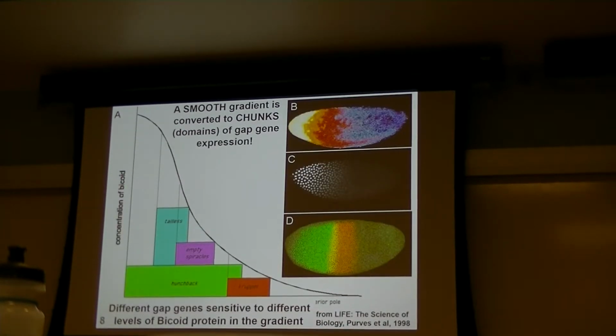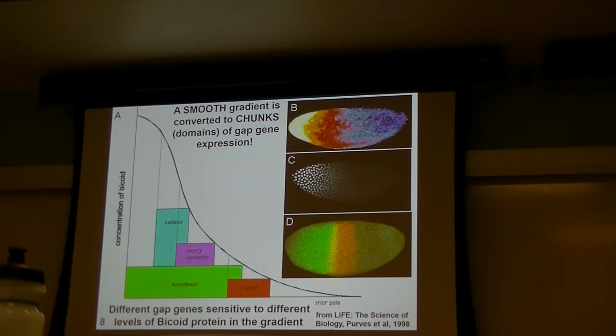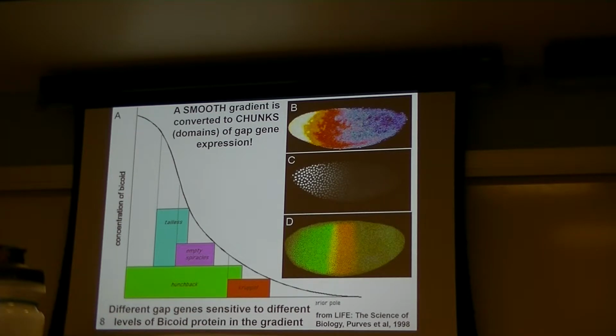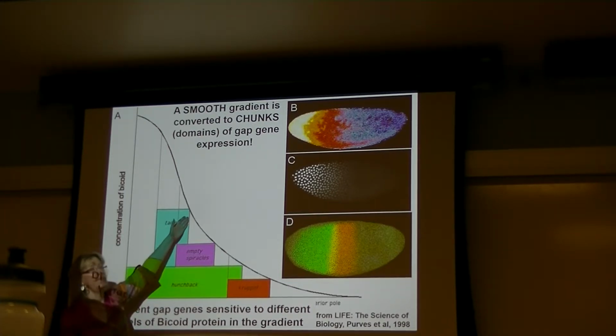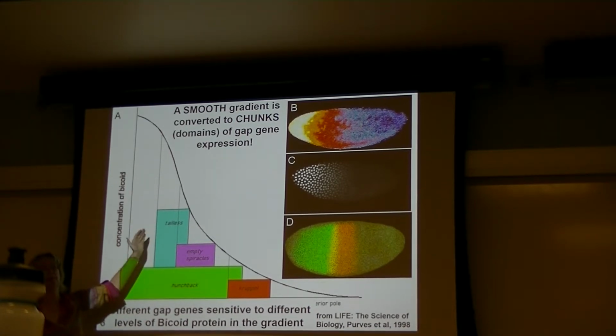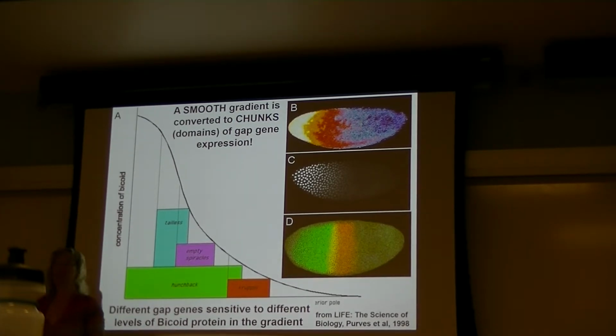Okay, so taking it one step further, here's a little bit more sophisticated diagram looking at several different gap genes: Hunchback, Kruppel, and Spherical talus. You don't need to know these names. And in addition to having, say, a minimal threshold for turning on, some of these genes also may have a maximal threshold, where you need a certain amount of bicoid, but not too much.